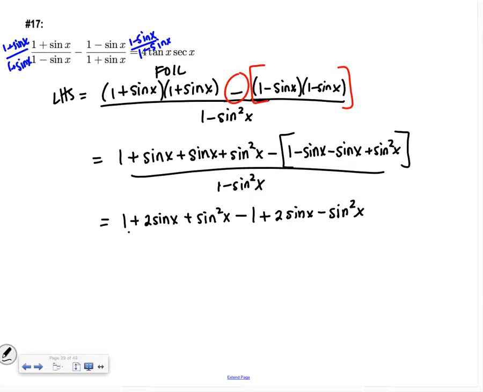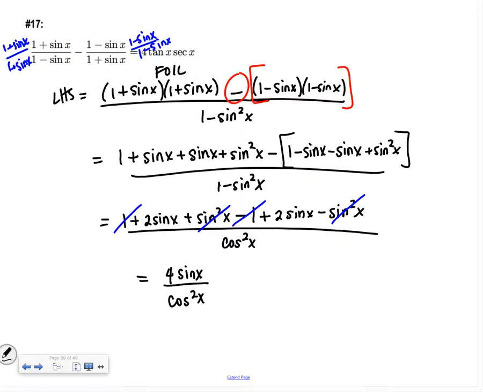And a lot will cancel. So my negative 1 and my 1 are going to cancel, my sine squared and my negative sine squared are going to cancel. And if you notice, again, I don't have a 1 minus sine squared on the bottom, so this is where I would change it to cosine squared. So I get 4 times sine of x on top over cosine squared. And we're not all the way done because we want 4 tangent of x secant of x.